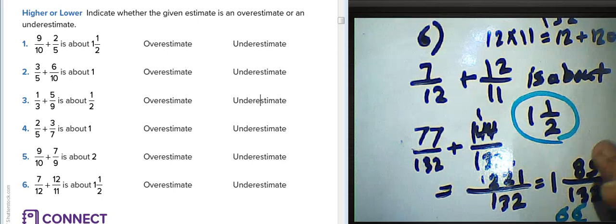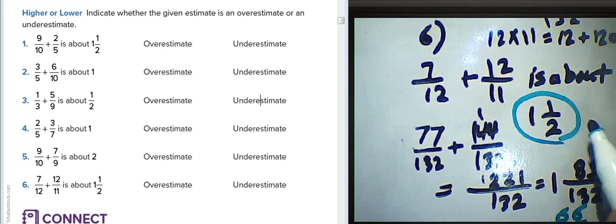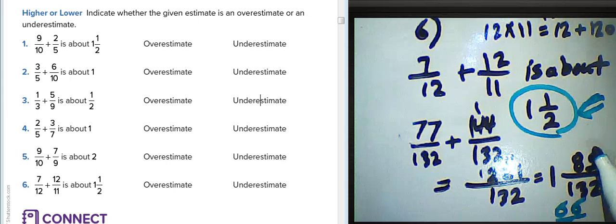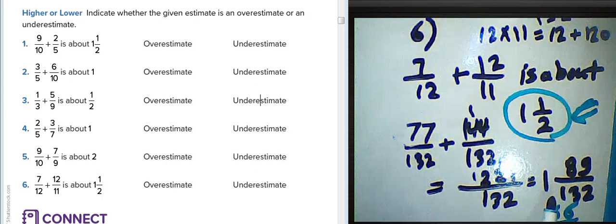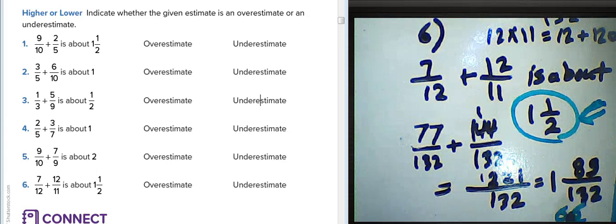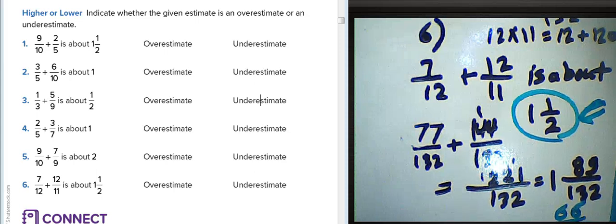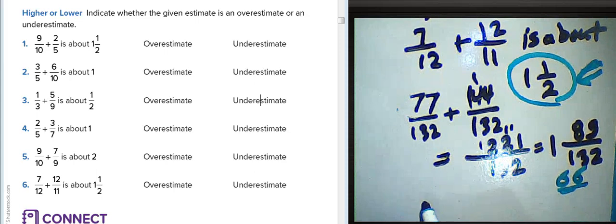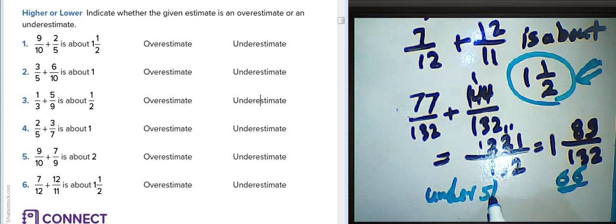So this estimation is an underestimate, because 1 and a half is less than 1 and 89 over 132. So this estimation is an underestimate. Okay, understood? Underestimate, right? Okay, this example will be an underestimate.